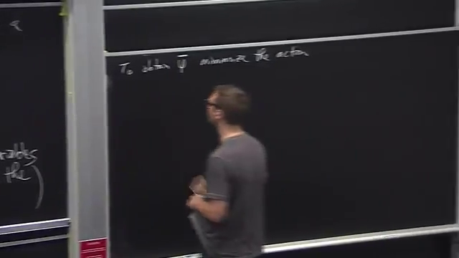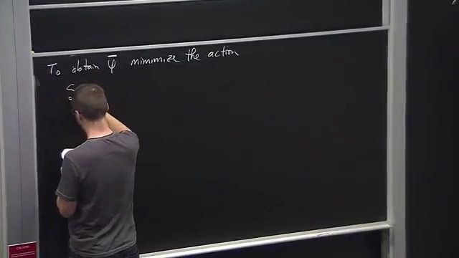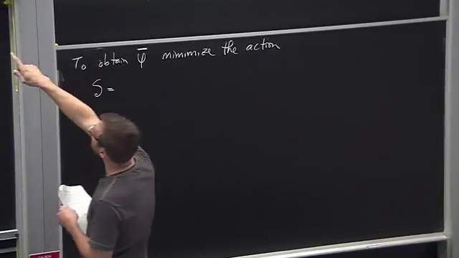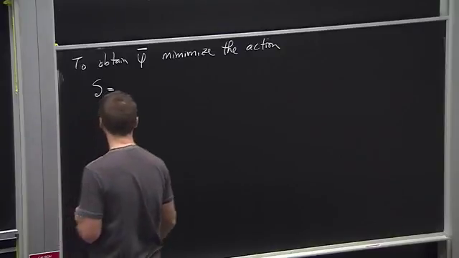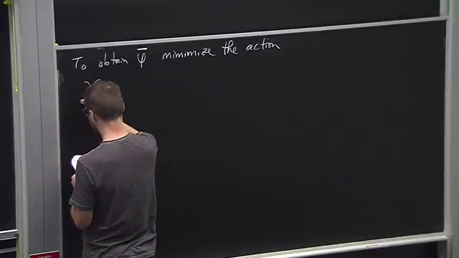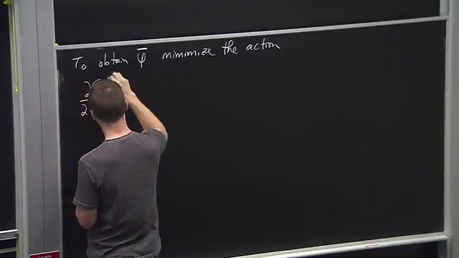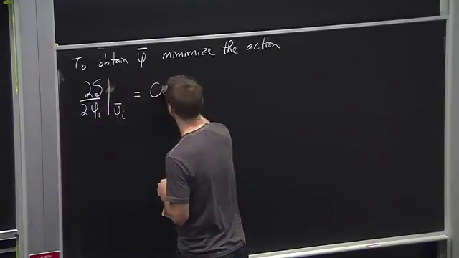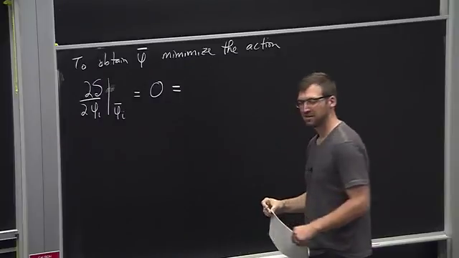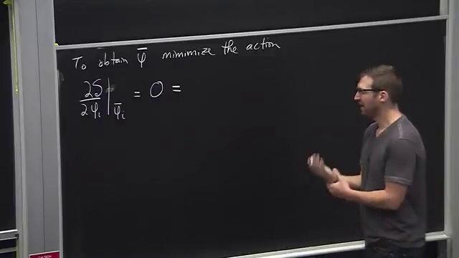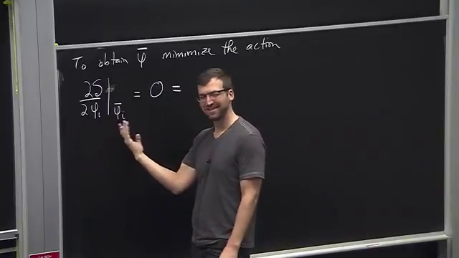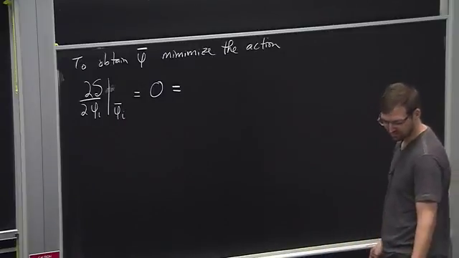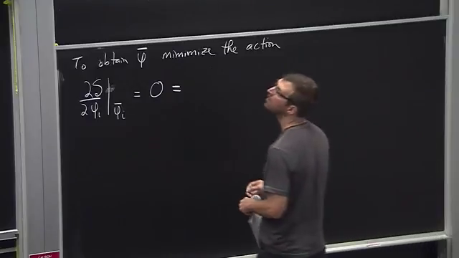I have it written right there. The first derivative of the action at the value that you want to find at its minimum is 0. That defines a minimum.